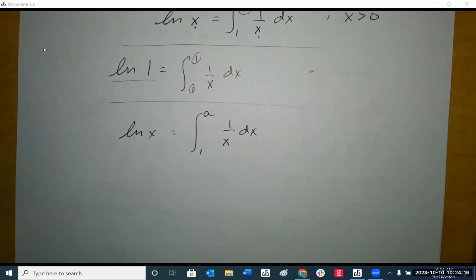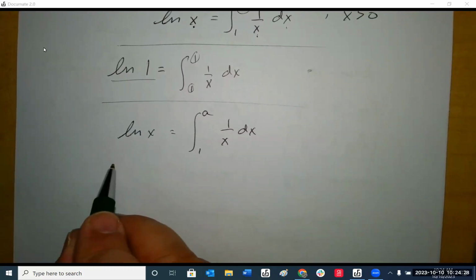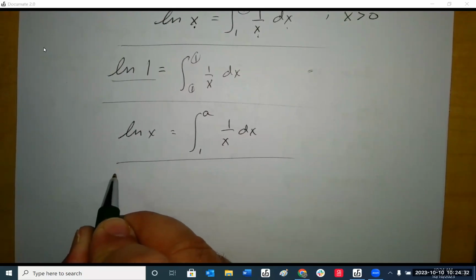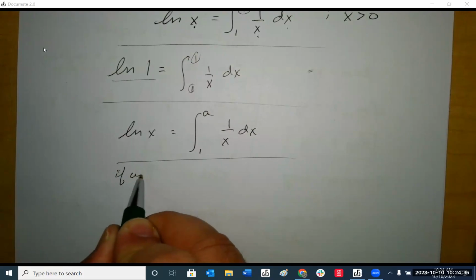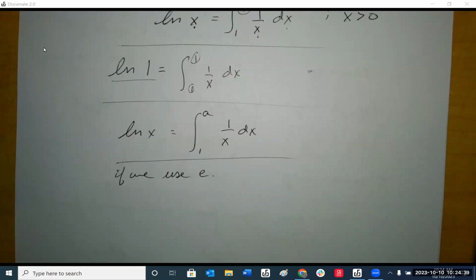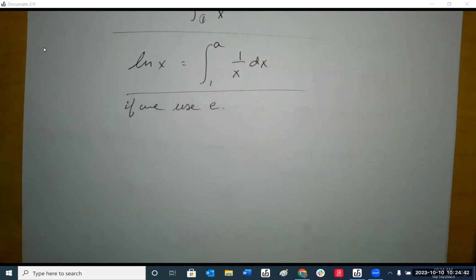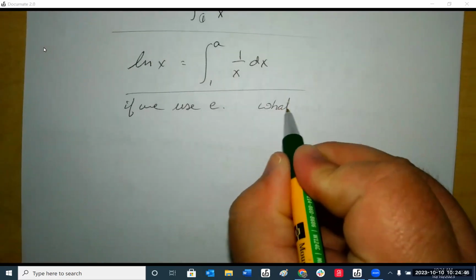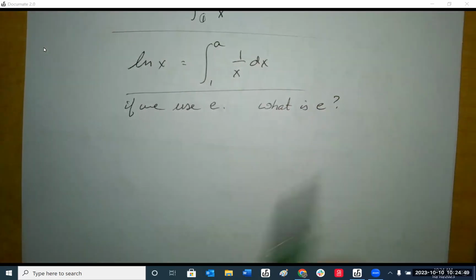It doesn't matter what you use there. What about if we use e? What is e?